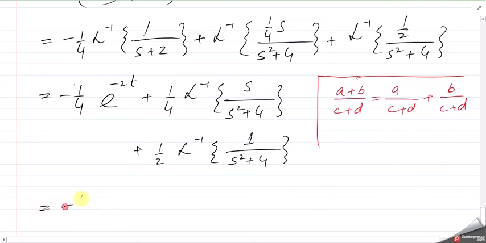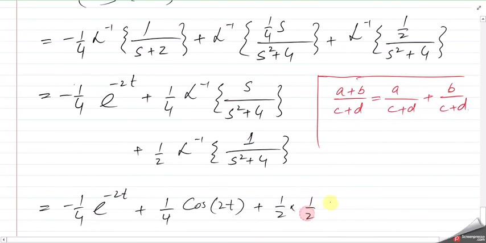And we get minus 1 by 4 e raised power minus 2t plus 1 by 4 cos 2t plus 1 by 2, another 1 by 2 sine 2t. Why did I write this 1 by 2? Can you guess? There is 1 by 2 already.